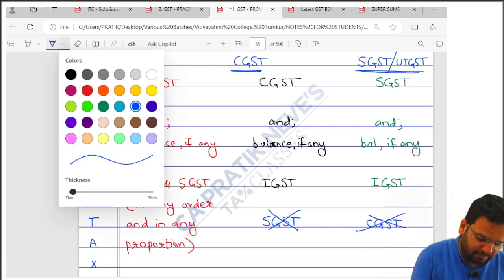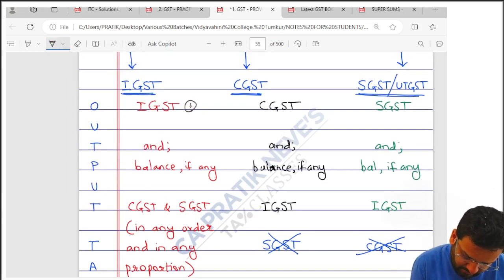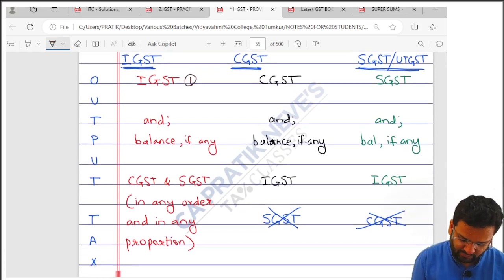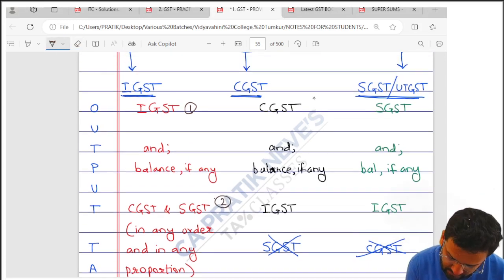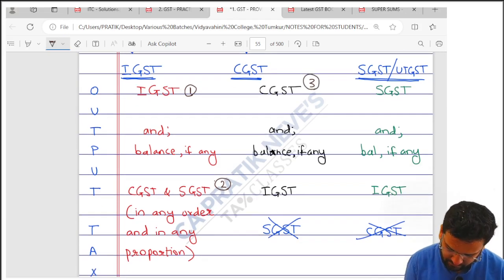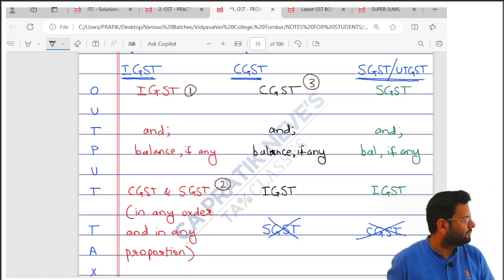Okay, so let's give the numbering. This is first. This is second. This is how we are going in the sequence. First, second, third, fourth.